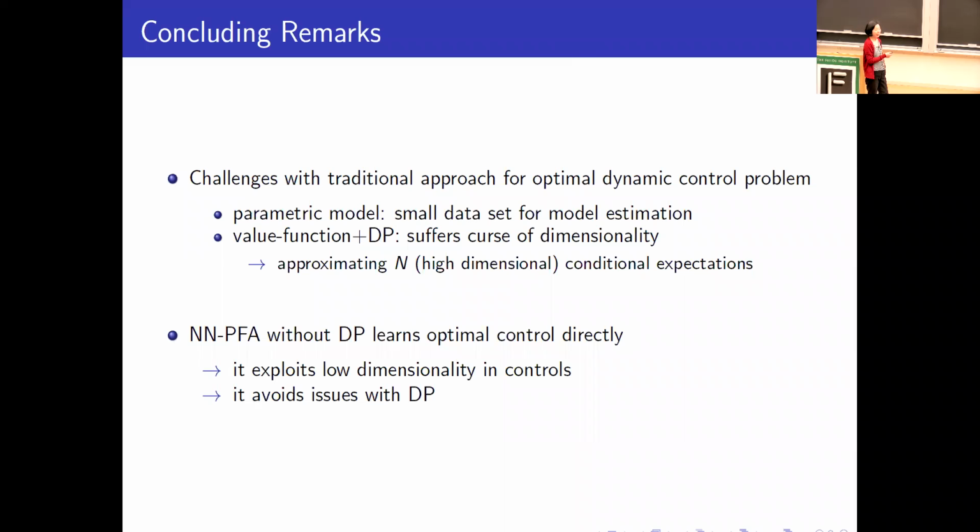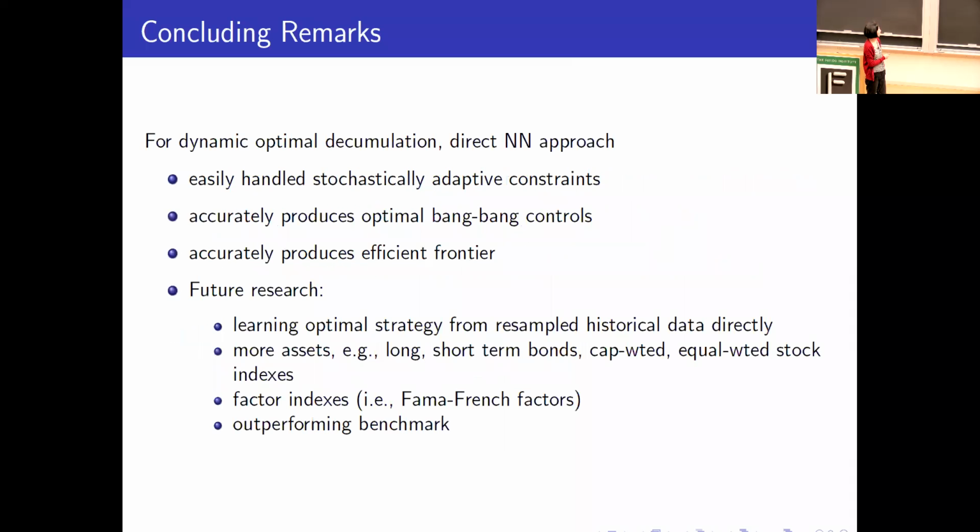The neural network policy function approximation approach essentially goes back to the original problem and doesn't use dynamic programming. Instead, it exploits the fact that the control function is a function of a smaller number of state variables, exploiting the low dimensionality of the control function directly and trying to solve it. It avoids some of the potential issues of dynamic programming.